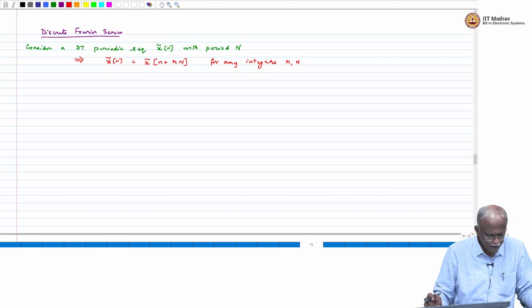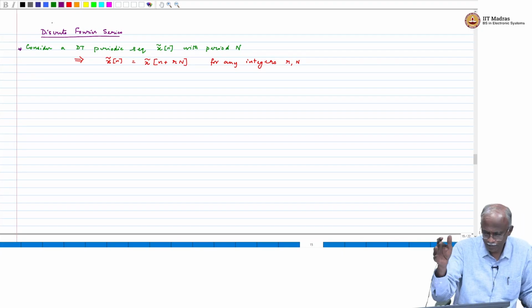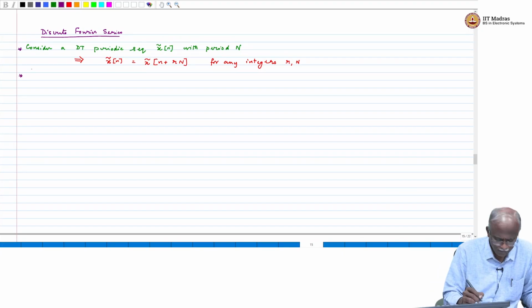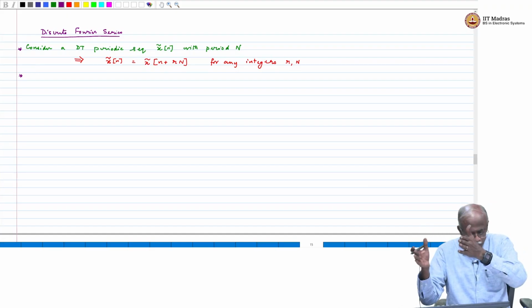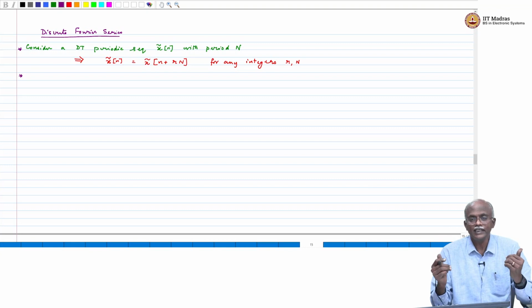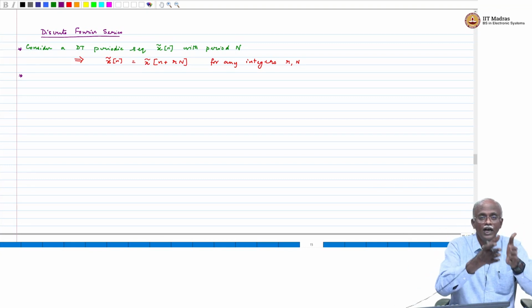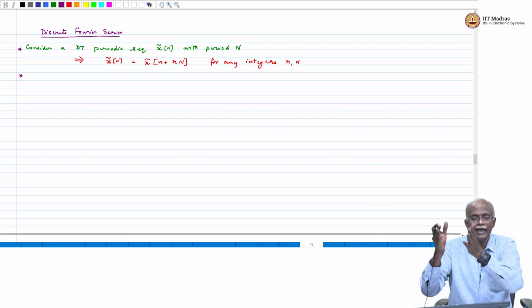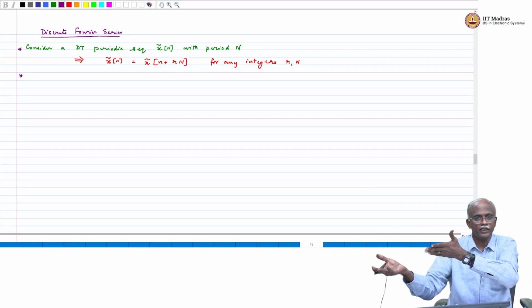Okay, and whenever you have a periodic signal, we can then apply the concept of Fourier series. The Fourier series tells us that you can represent the periodic function, or the periodic signal, as a sum of weighted harmonically related sinusoids.